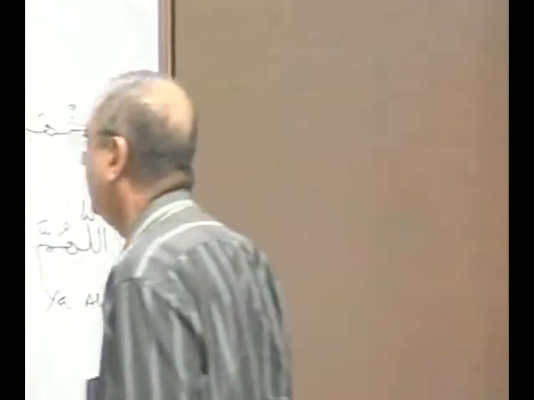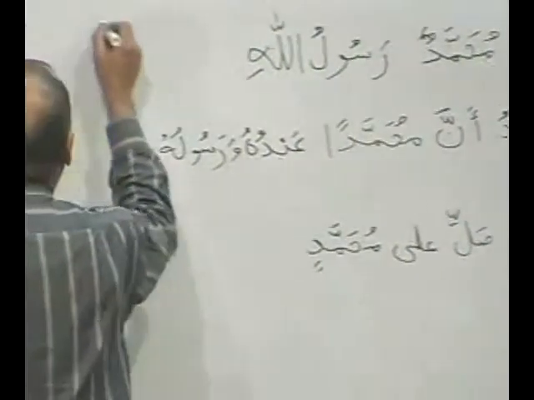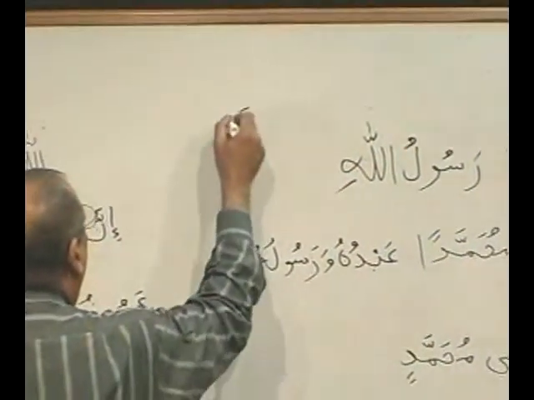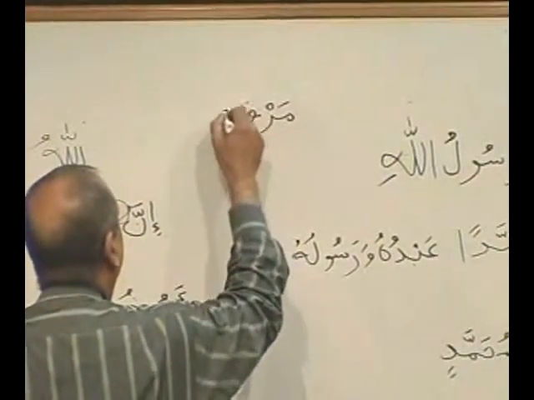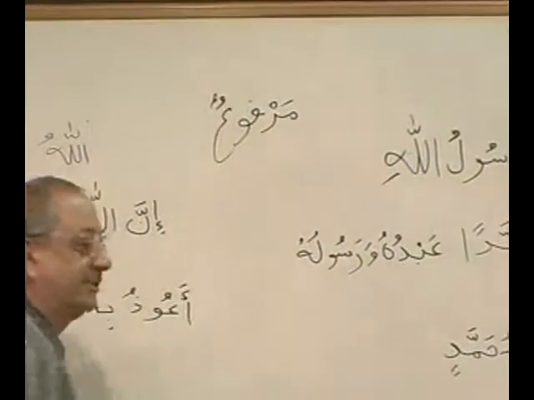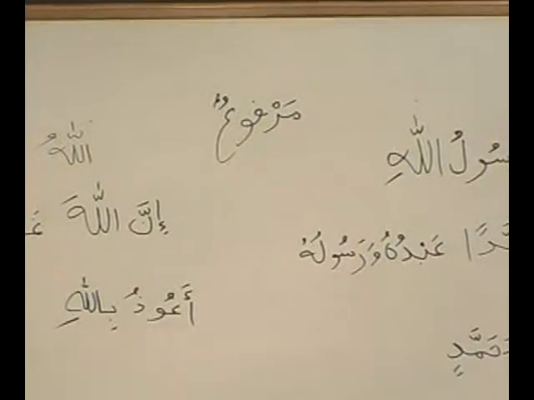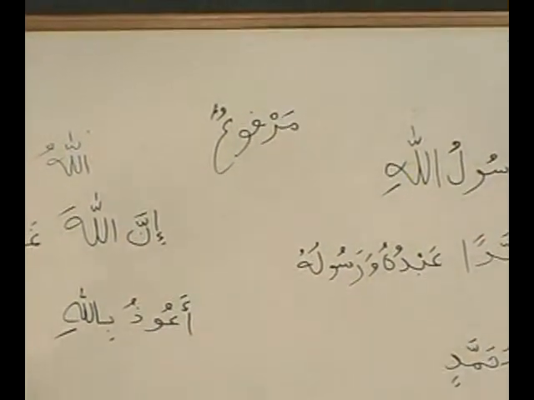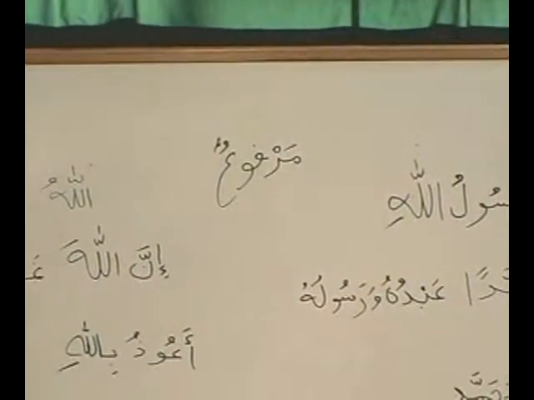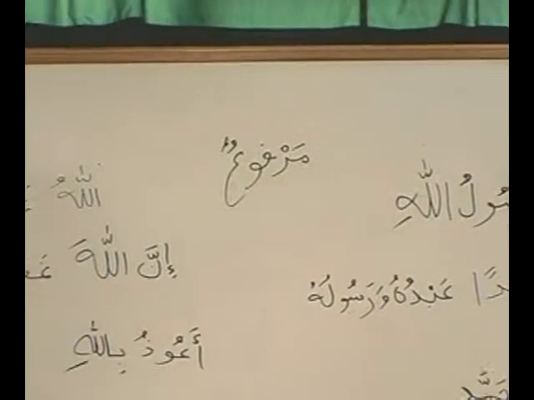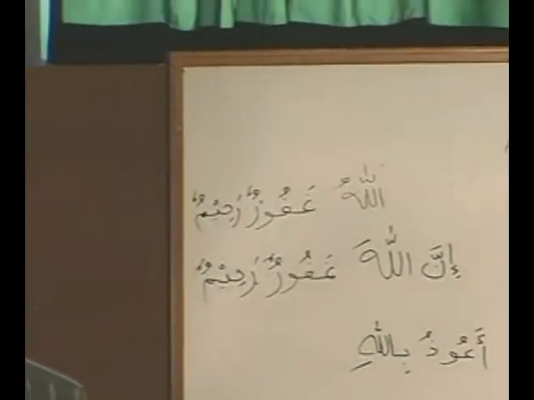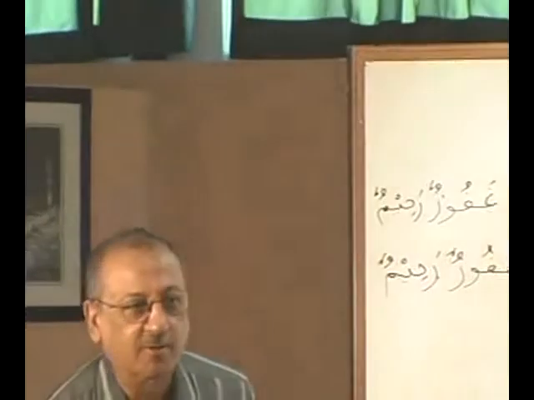It is called marfu. What is it called, brother? This you will have to memorize. Marfu. Are you with me, brothers and sisters? If the noun ends with a dhamma, you will call it marfu. You will say the noun is marfu.